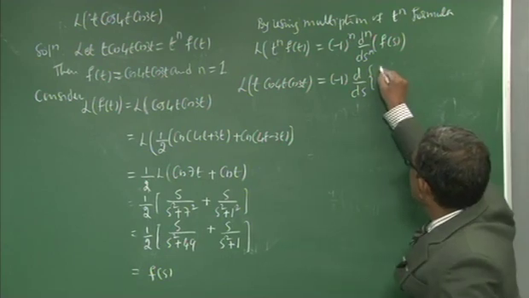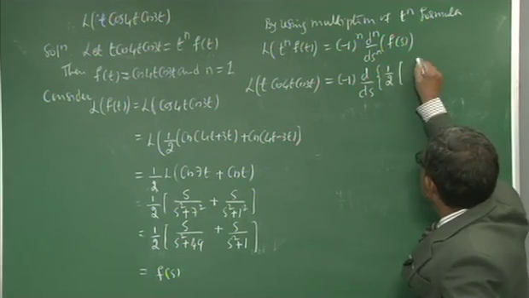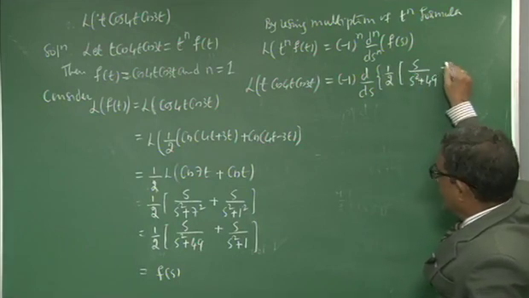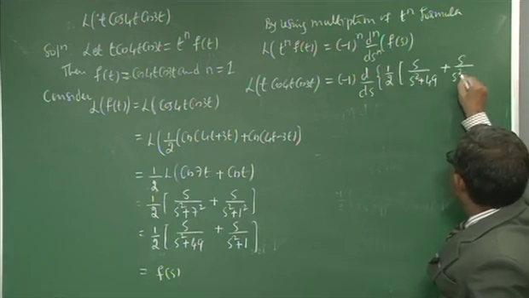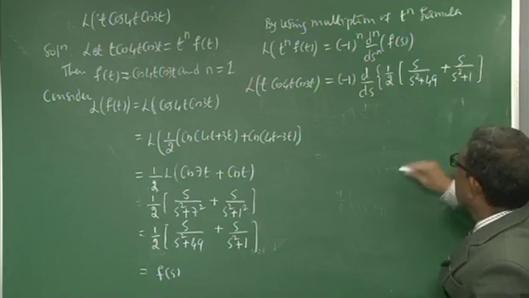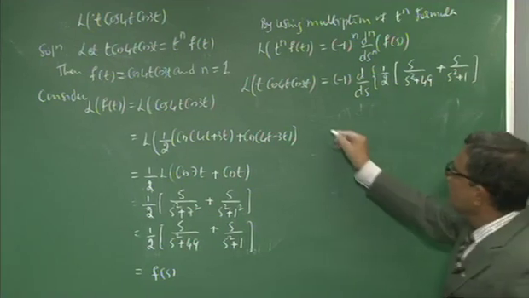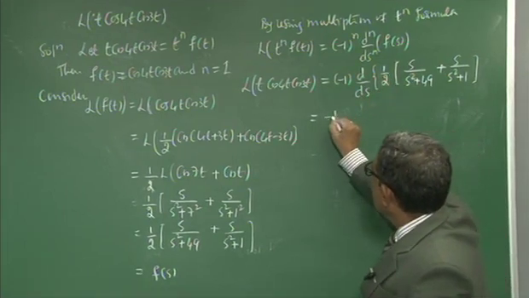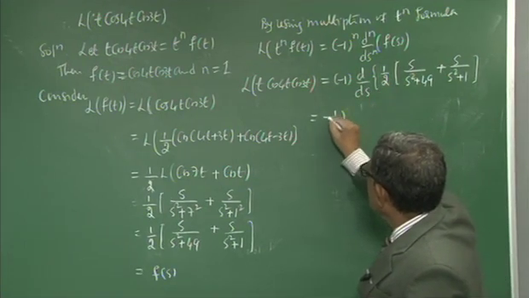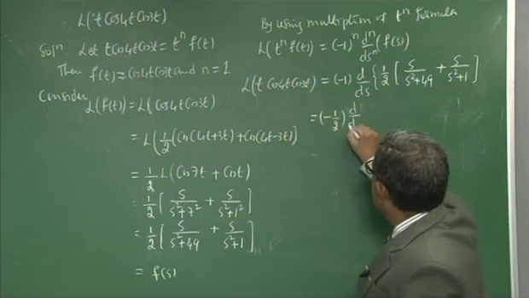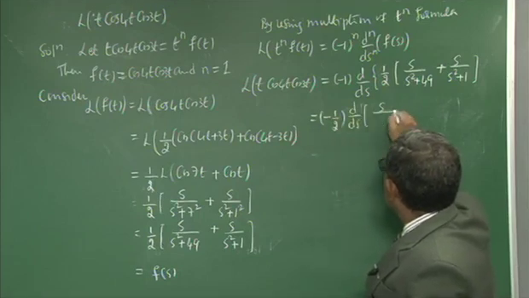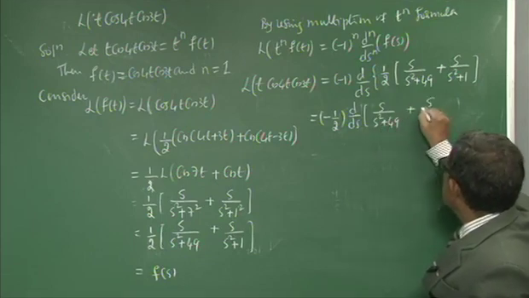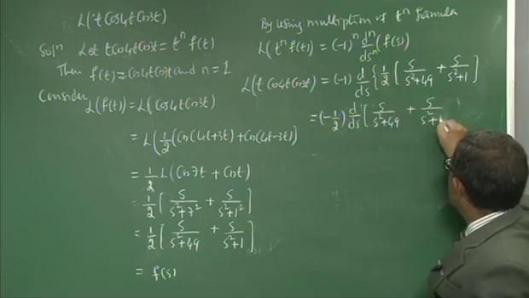F of s is 1 by 2 into s divided by s square plus 49 plus s divided by s square plus 1. Now 1 by 2 is constant, you can take it outside. 1 by 2 into minus 1, it becomes minus 1 by 2 d by ds of s divided by s square plus 49 plus s divided by s square plus 1.